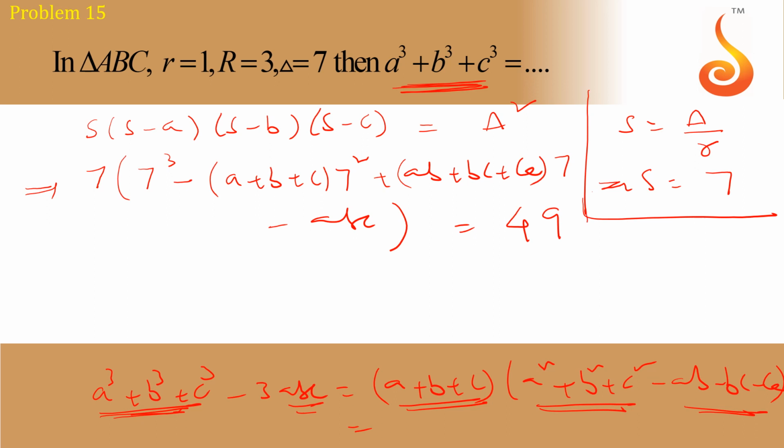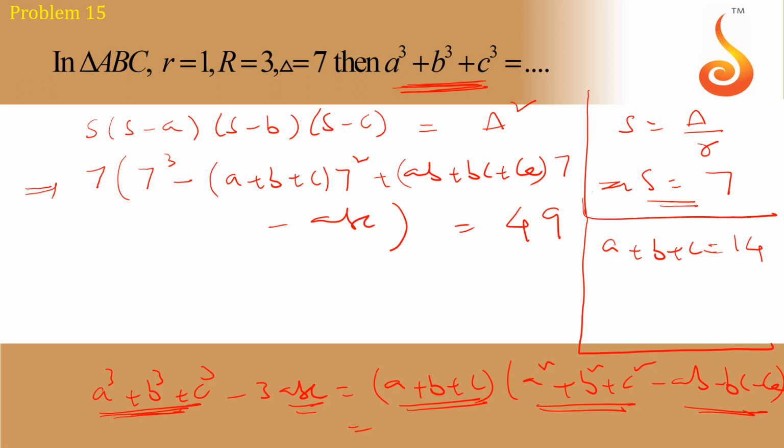I think I'm giving the hint. I think most of you might understand what we will do now. When s we know, a plus b plus c will be 2s, which is equal to 14.